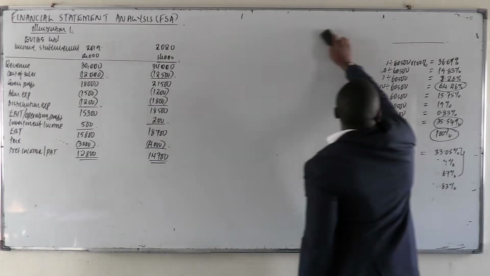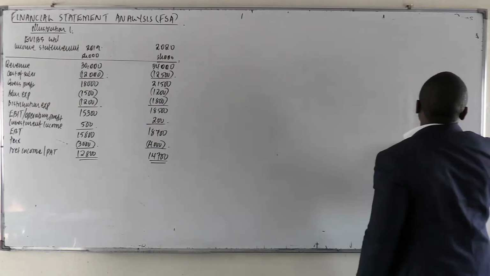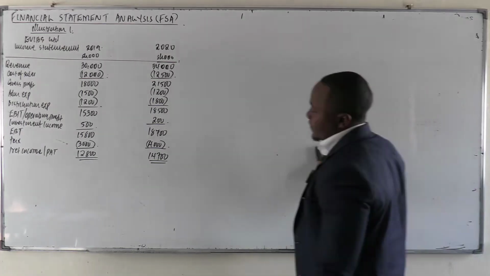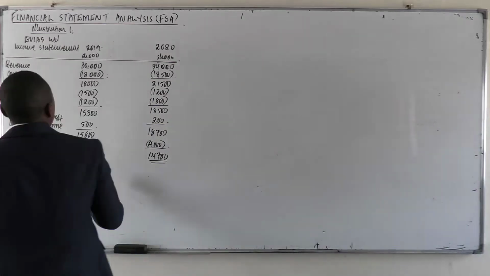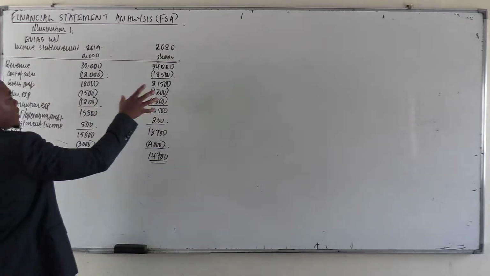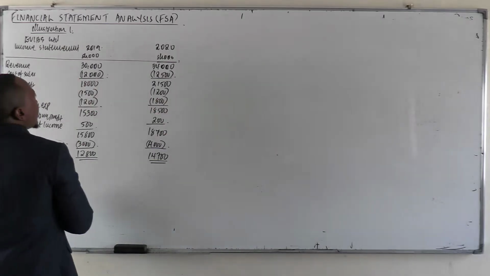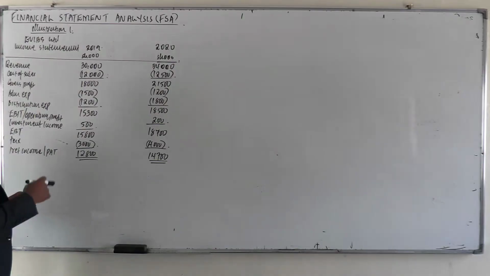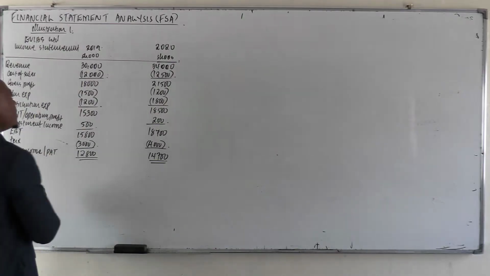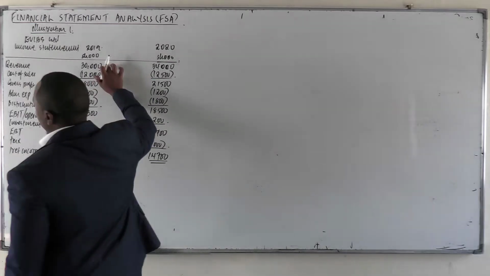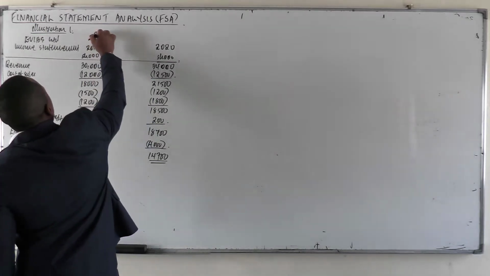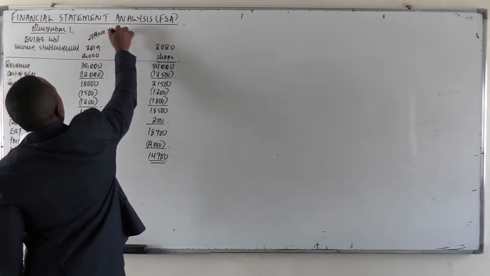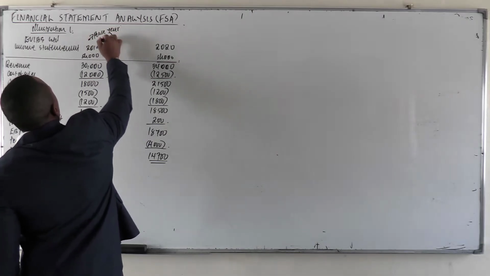Now for the trend analysis or the horizontal, you identify a base period from 2019 to 2020, not 2020 to 2019. So for the trend analysis, you identify a base year, not a base value. In this case, our base year will be 2019. It can be noted by P0.